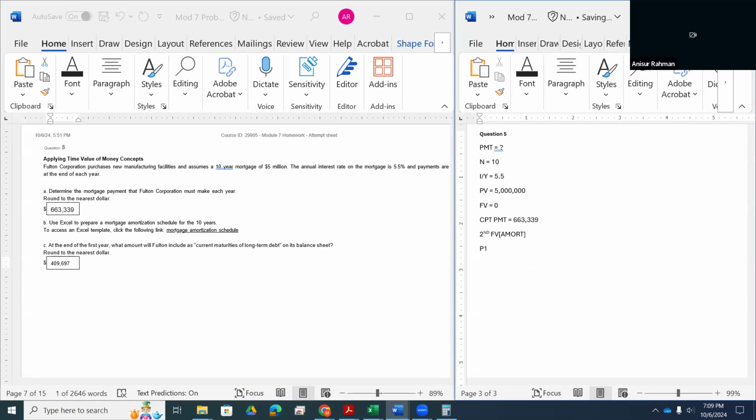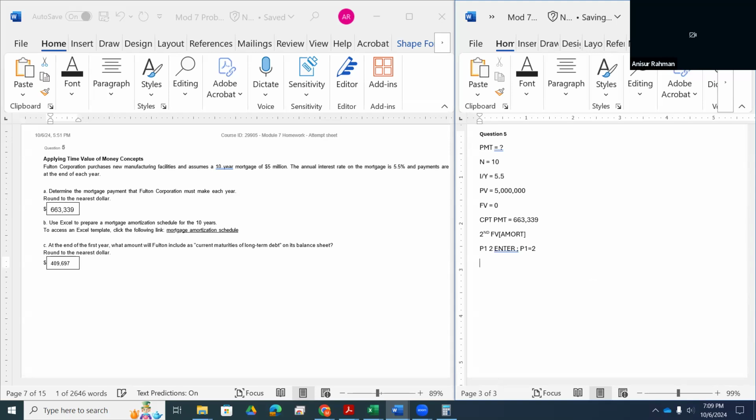So what I will do, I will enter number 2 and then press the enter key, so that P1 is equal to 2 on the display.